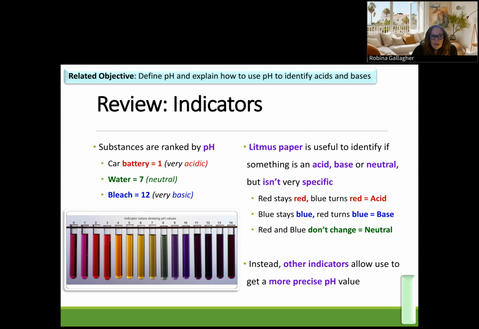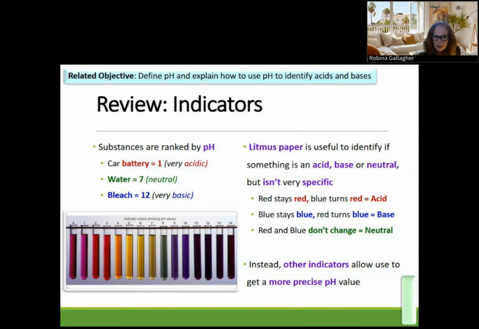Okay. Now, when we rank pH, you remember we talked about litmus paper yesterday, and litmus paper doesn't tell us the exact pH. It just says it's an acid or it's a base. If red litmus paper stays red and blue turns red, then it's an acid.